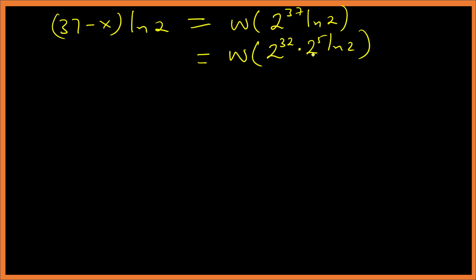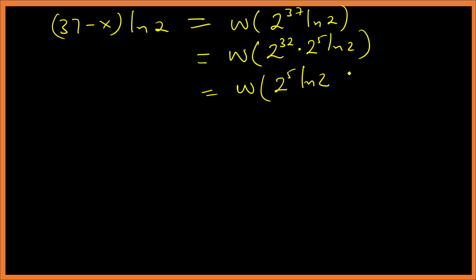So we know 2 to the power 5 is 32. So let me introduce e here.